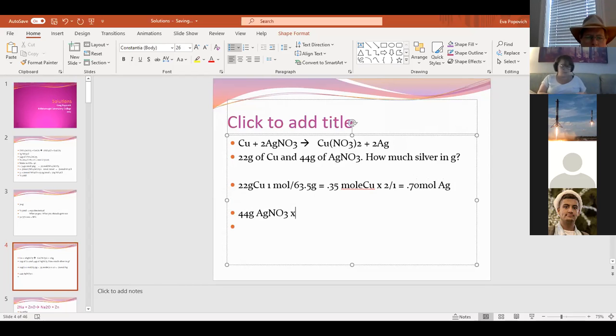So you put it over 1 mole over the weight. The molecular weight of silver nitrate is 143. This turns out to be a fairly good problem.